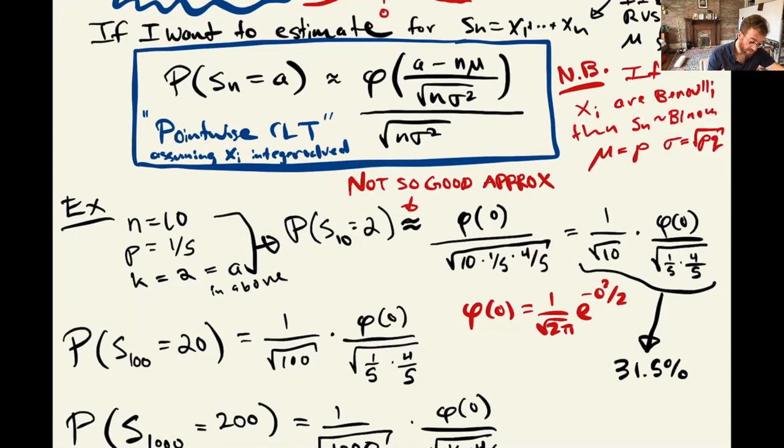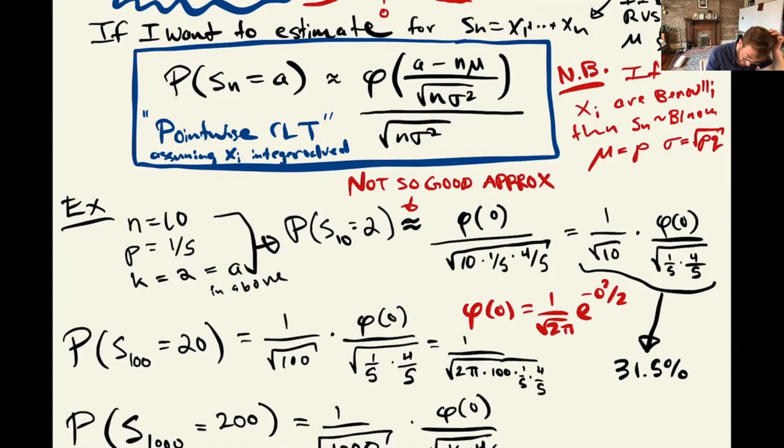Let's run through this calculation, but now in the case where I'm trying 100 times and I'm asking what's the probability of succeeding 20 times, which again is the expected number. So what do I need to do differently this time? I still have 1 over the square root of 2 pi times 100 times 1/5 times 4/5. So I'm just going to change my 10 to 100 in my online calculator here.